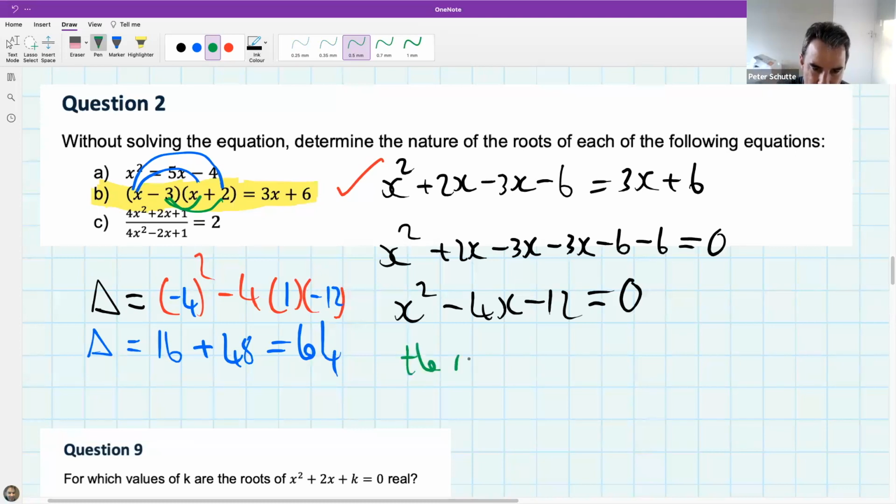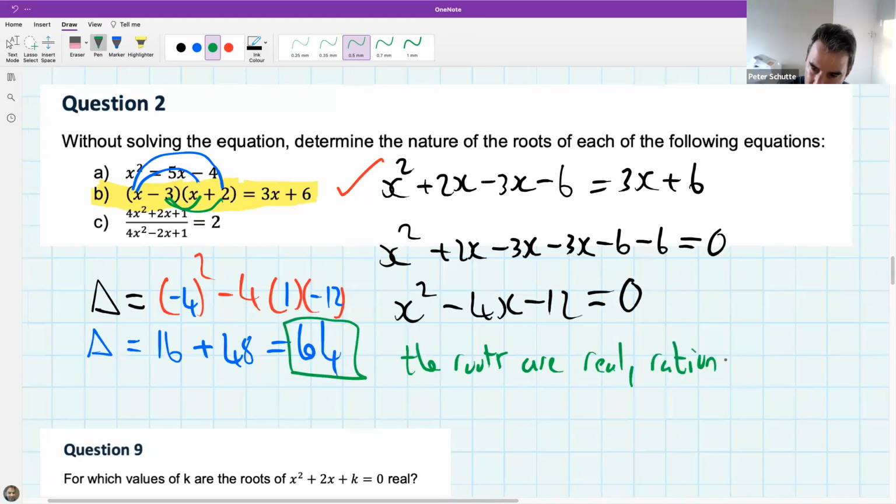The roots are definitely real. And because 64 is a perfect square, they are going to be rational. And because it's not zero, they are going to be unequal. So the roots are real, rational, and unequal.